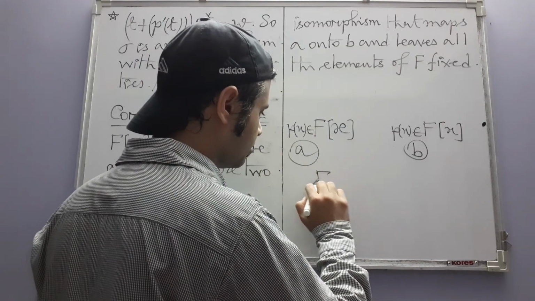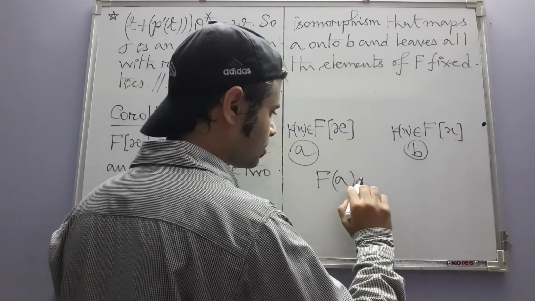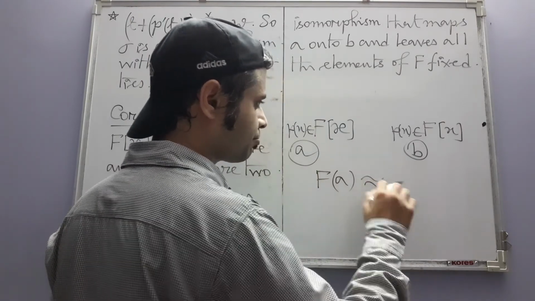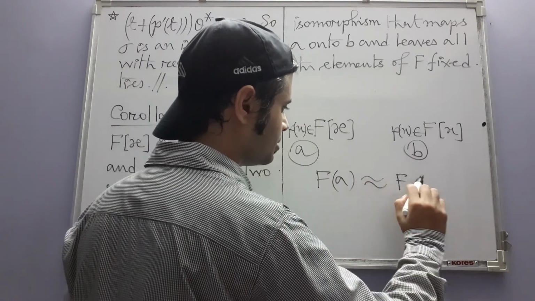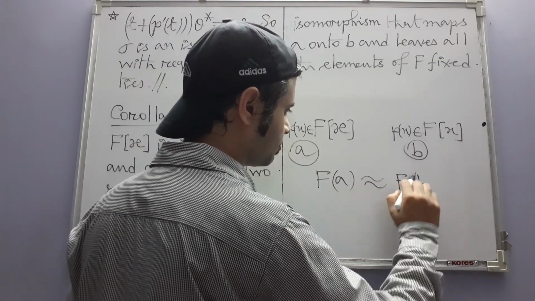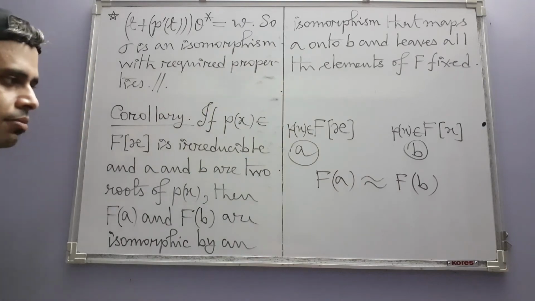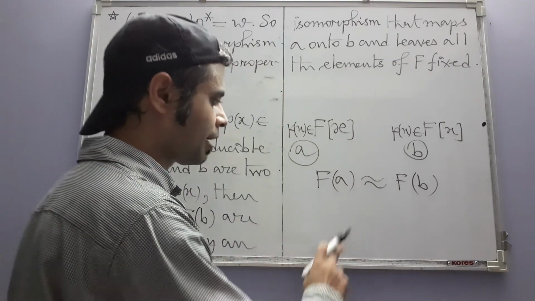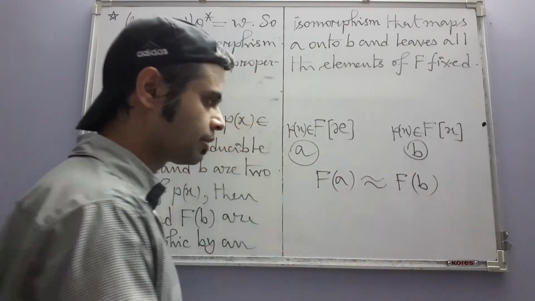So Fa is isomorphic to F prime B. In this case, F prime is F itself, by an isomorphism that maps V onto W, that's sigma.